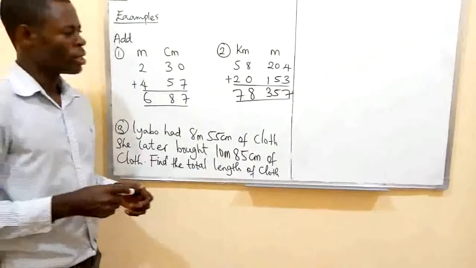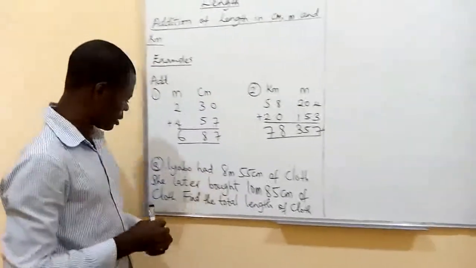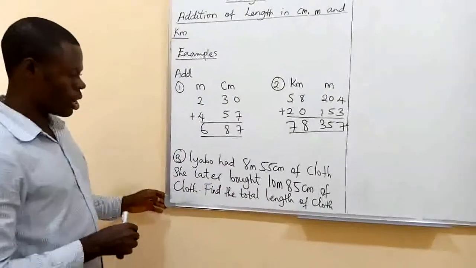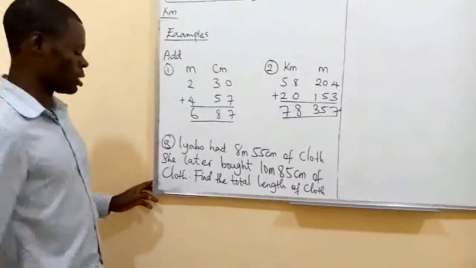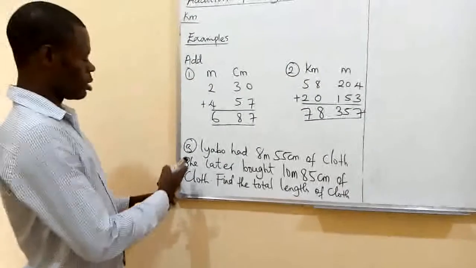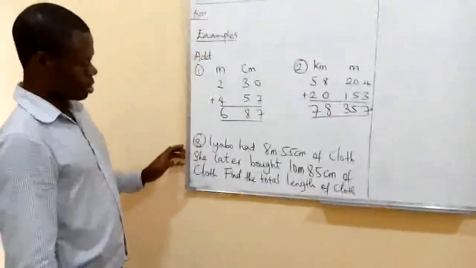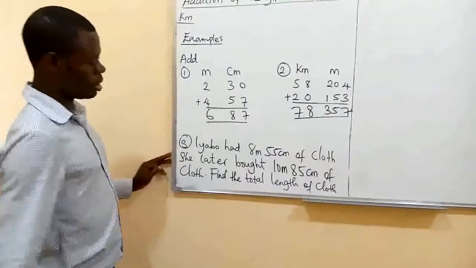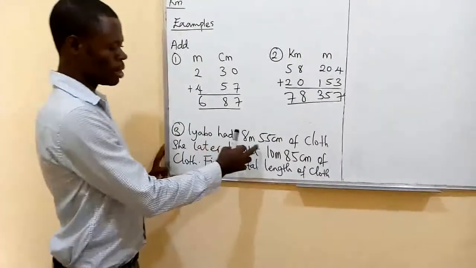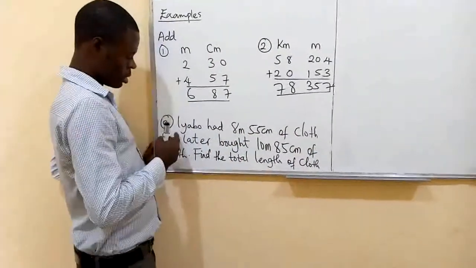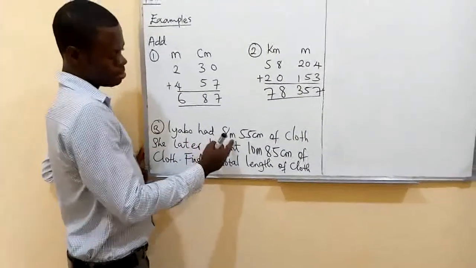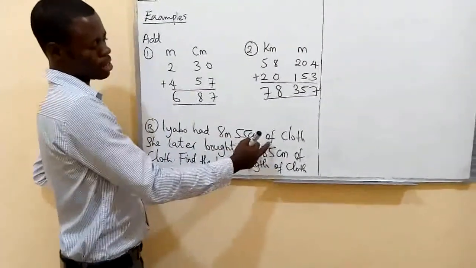Alright, we're going to look at example 3, a word problem, still under addition of length. The question is, Iyabo had 8 meters, 55 centimeters of cloth.